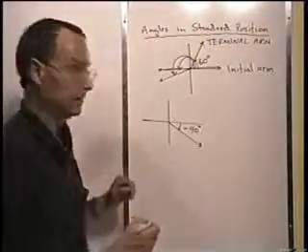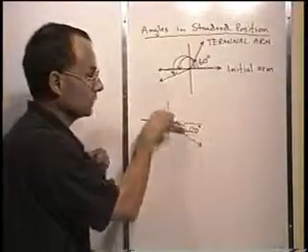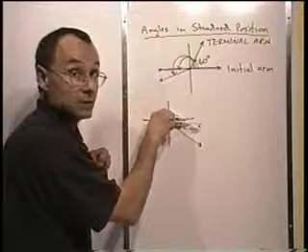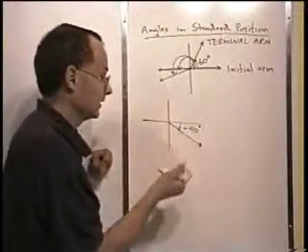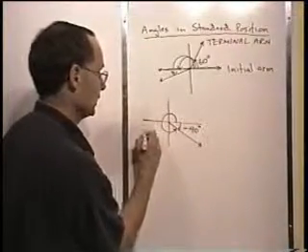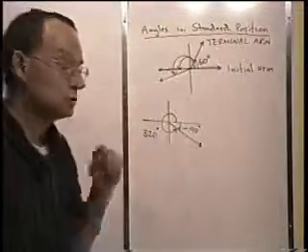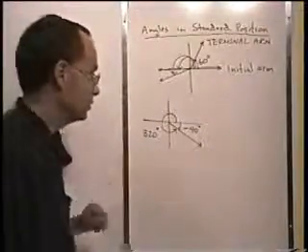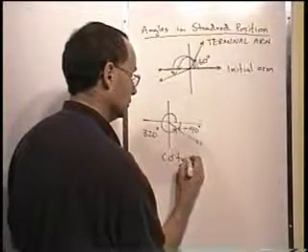Now if you think about it, a full rotation all the way around would be 360 degrees. And if I'm just 40 degrees shy of that, then that would be swinging through 320 degrees. They have the same terminal arm. And the term for that is these are coterminal angles.